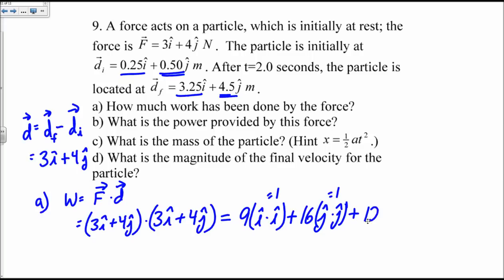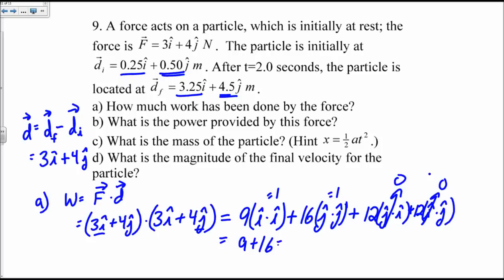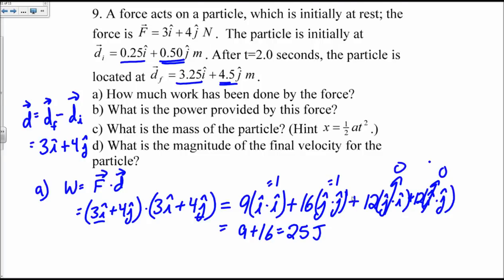It's going to be 12 J dot I, and 3 times 4, 12 I dot J. But these both equal 0, so both of those go away. So I wind up with just 9 plus 16, which is equal to 25 joules. So there's been 25 joules of work done by the force.